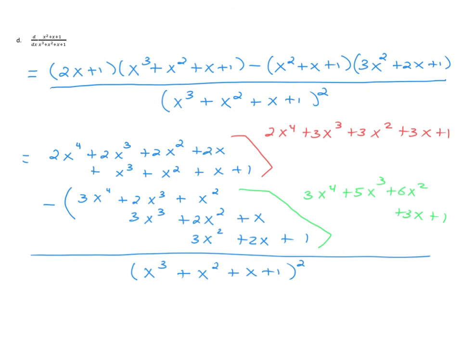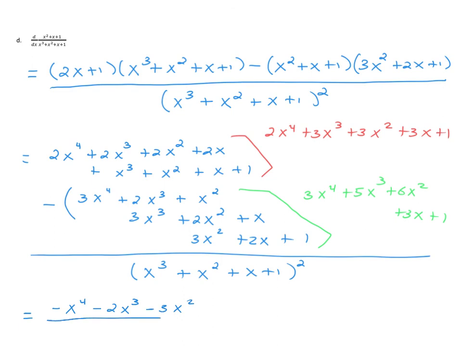So I'm just going to write down what is left over. Okay, when I do, 2x to the 4th minus 3x to the 4th is a negative x to the 4th. A 3x cubed minus a 5x cubed is a negative 2x cubed. 3x squared minus 6x squared is negative 3x squared. 3x minus 3x is 0, and 1 minus 1 is also 0.